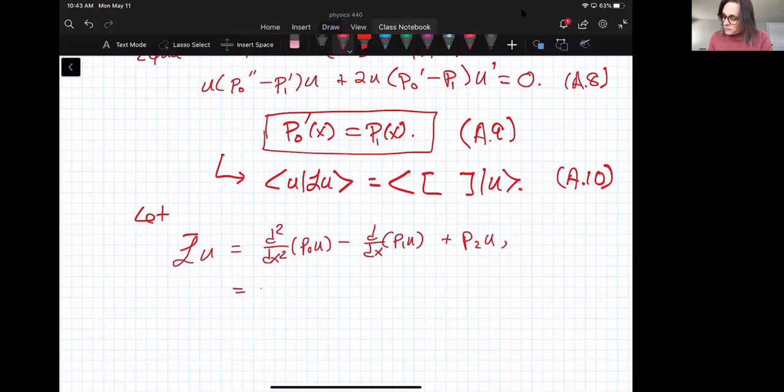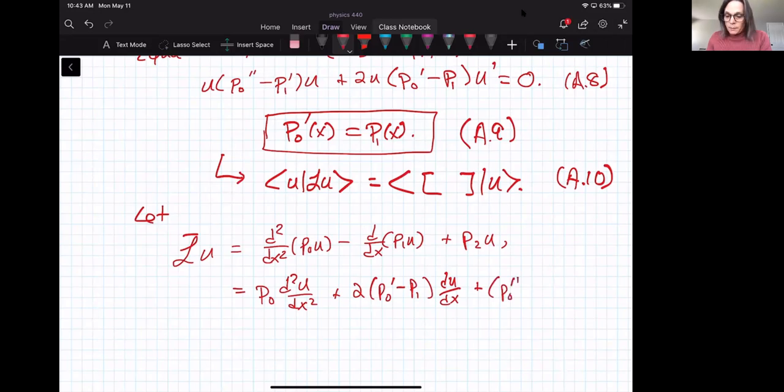This means that there's another way of writing it: p naught d squared u/dx squared plus 2 times p naught prime minus p1 du/dx plus p naught double prime minus p1 prime plus p2 u.